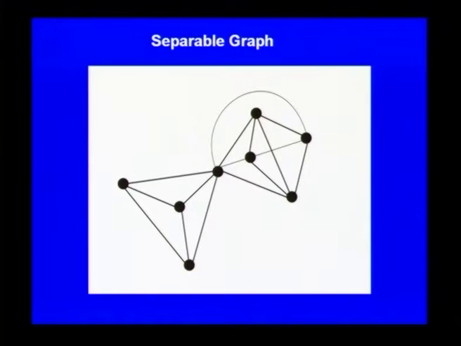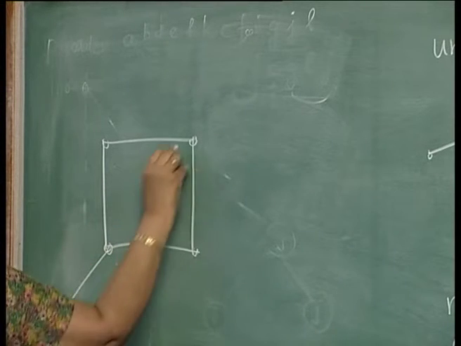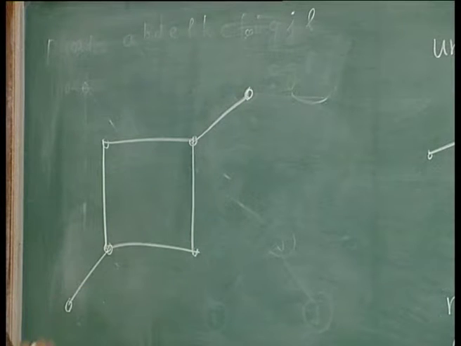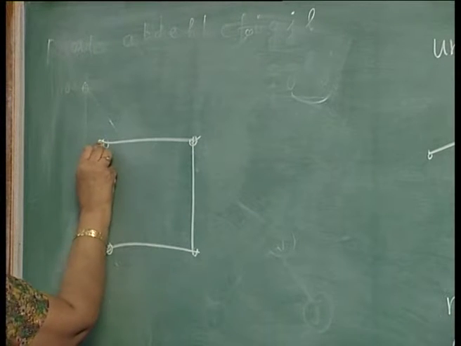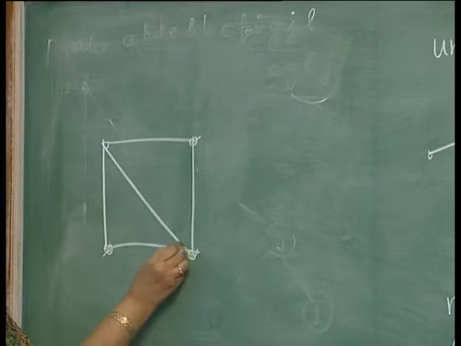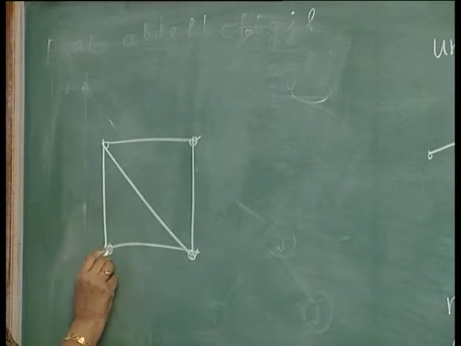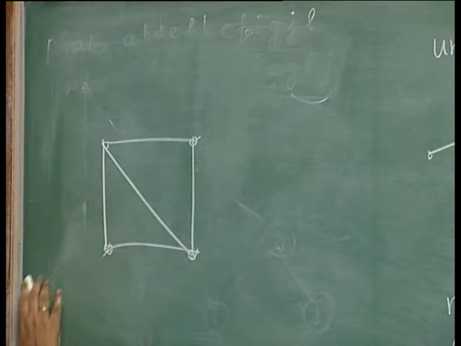For example, if you take something like this, say, if you remove any one vertex, along with the edges associated with it, you will get only a connected component.